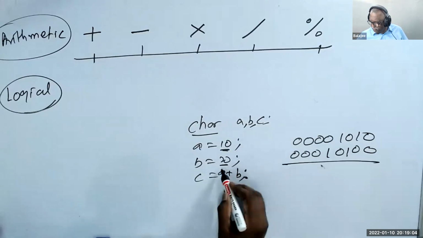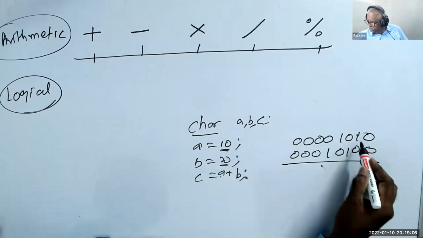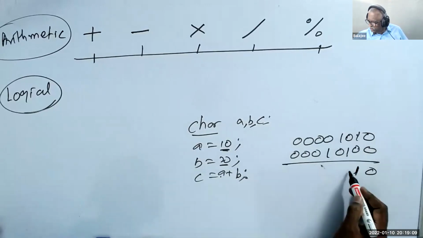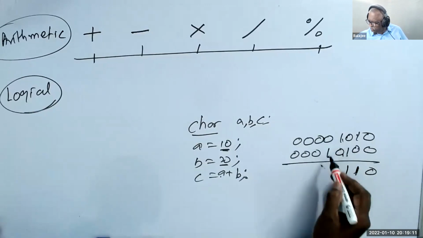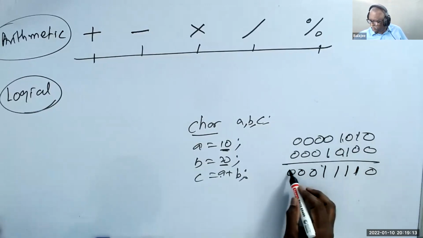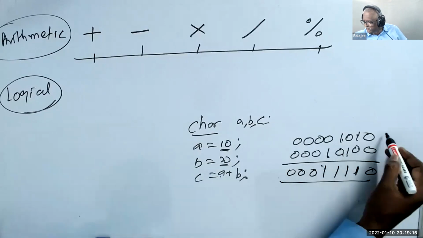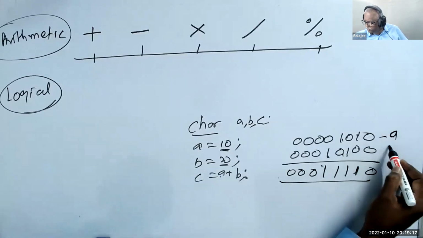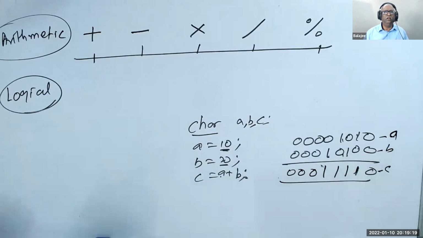Then I add A plus B: 0 plus 0 is 0, 1 plus 1 is 10, and so on, giving 00011110. This is what will be there in C. Location A, location B, location C. This is a simple addition.